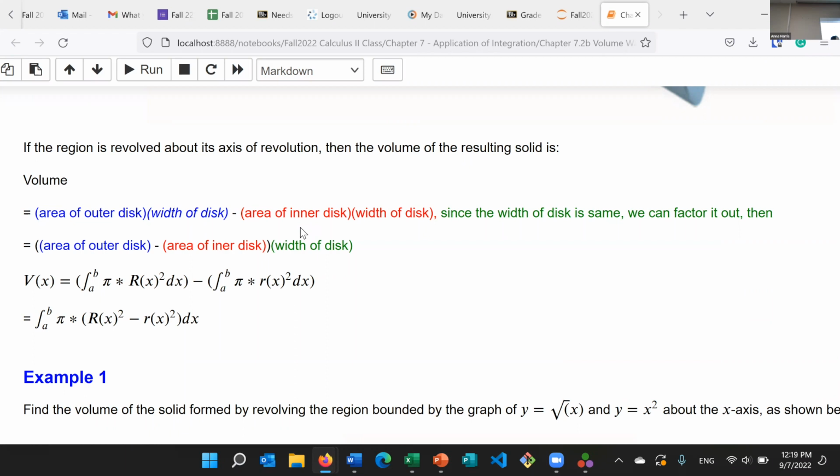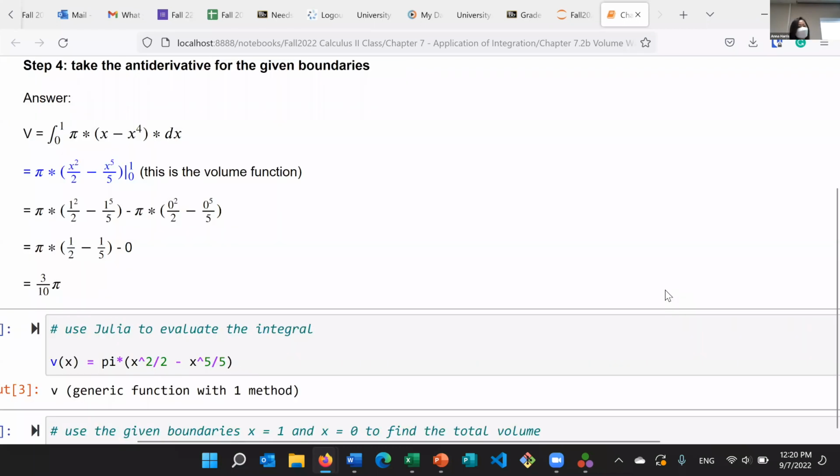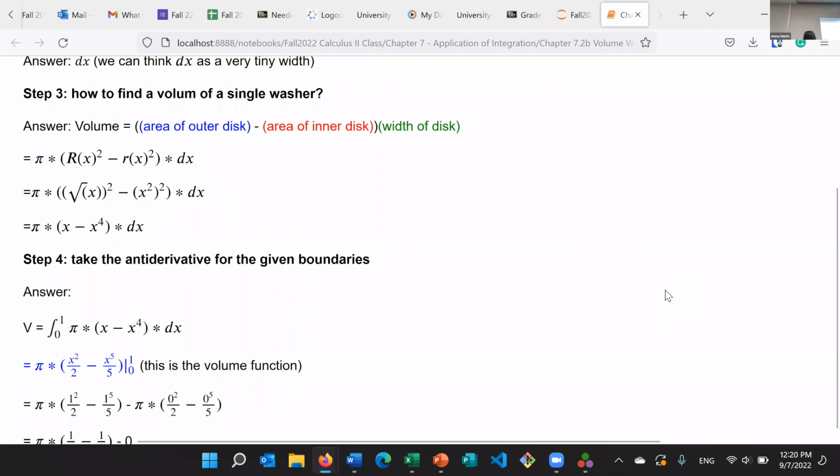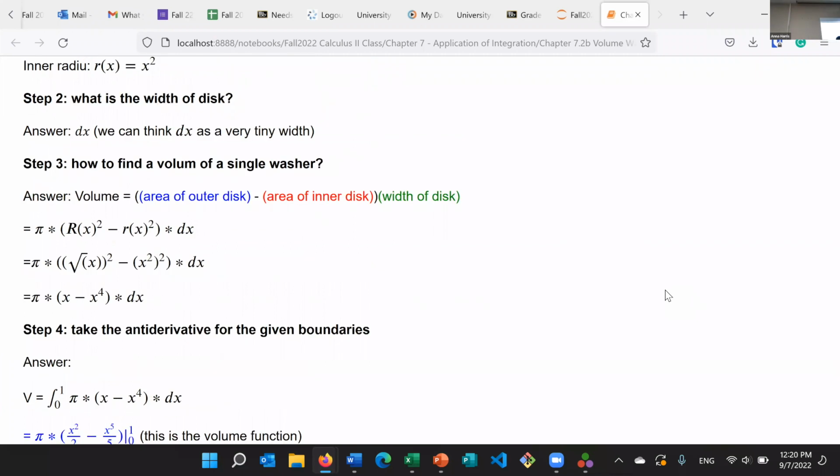Okay, but look at this one. The width of this and the width of this, they're the same thing, right? Can I factor them out? So that's what we have. Outer this minus inner this, but the width is the same. So if you want to write it down as a mathematical formula, what do you have? Big R squared minus what?